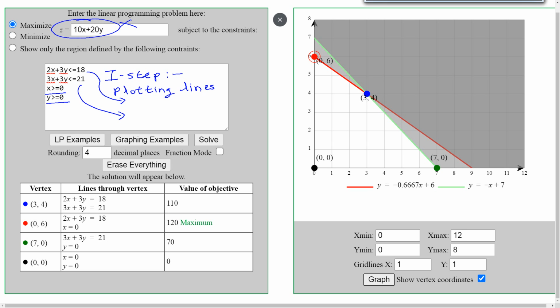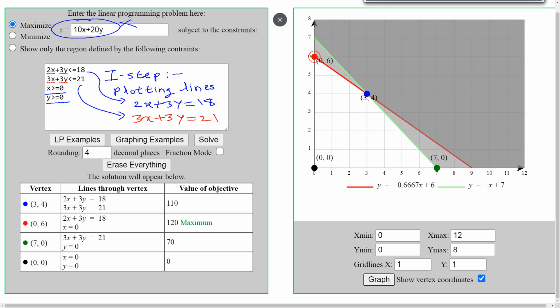So we have to plot lines only for linear constraints and these lines are 2x plus 3y is equal to 18 and the second equation for which we have to plot the line is 3x plus 3y is equal to 21. In the very first lecture from this chapter, we have seen how to plot the lines.